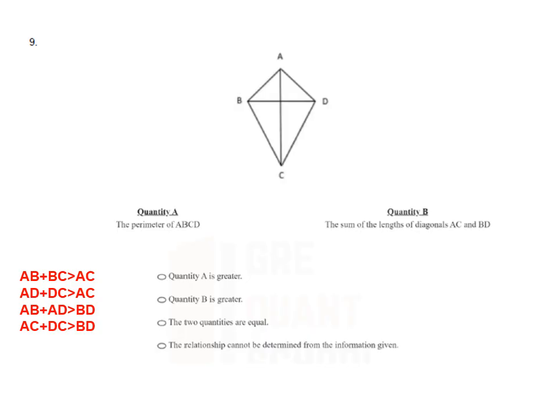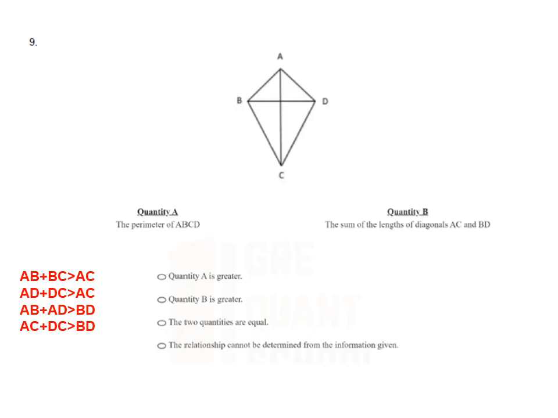So AD plus DC is greater than AC. Similarly, ABD is a triangle. So AB plus AD is greater than BD, and BC plus DC is greater than BD. Sorry, it should be BC plus DC, not AC.